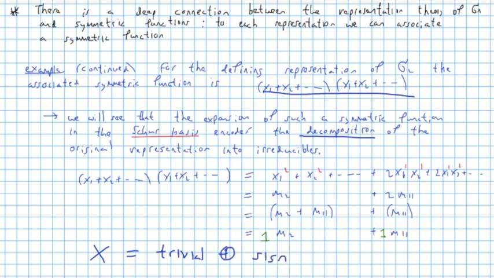There's only one copy of the trivial one and only one copy of the sign. Let me put some colors here. This one corresponds to this one here, and this one here corresponds to this one.